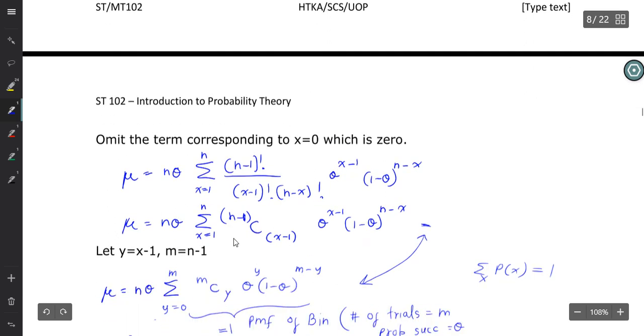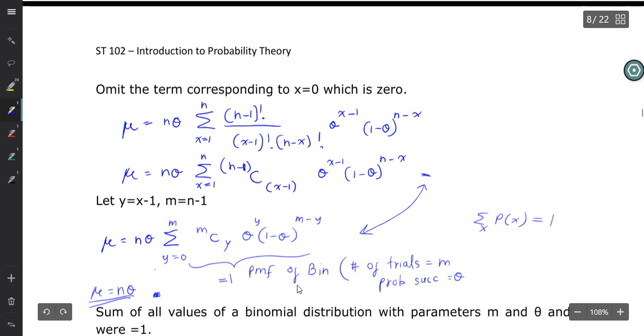So you end up with another binomial distribution with another value for m, another value for y, but they are related to x and n, the original parameters. By rearranging the terms in this way, you can easily prove the mean. So study these steps very carefully and be familiar with these tricks because you will be using them a lot in future.